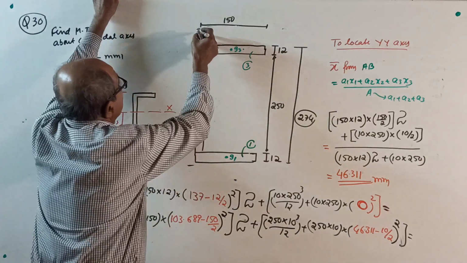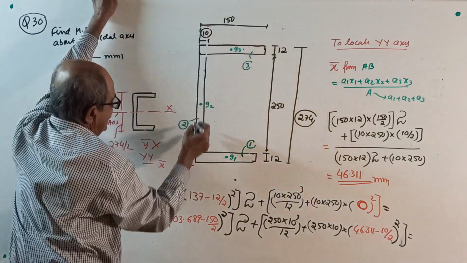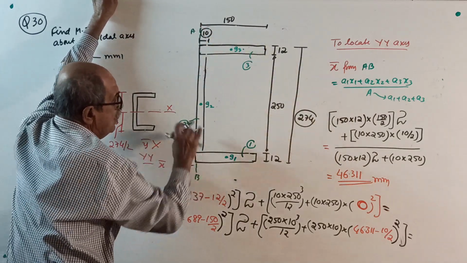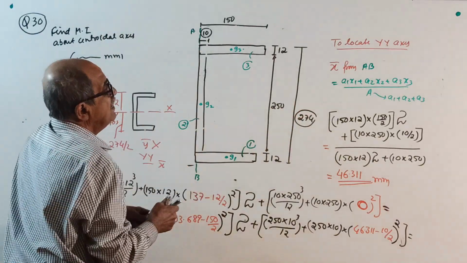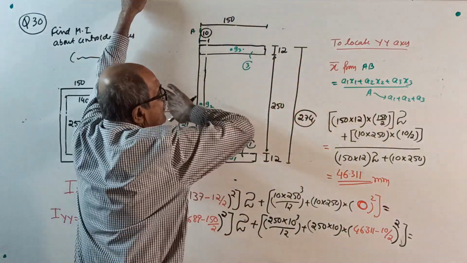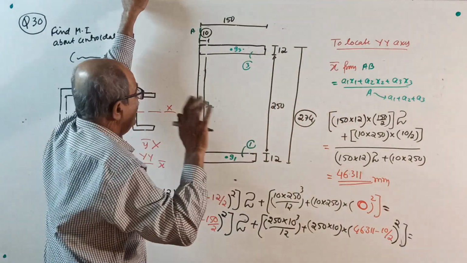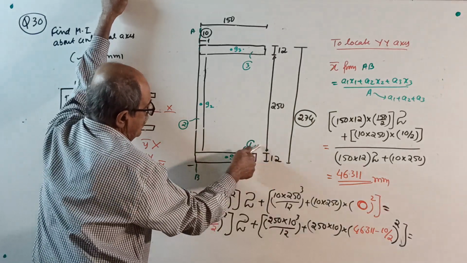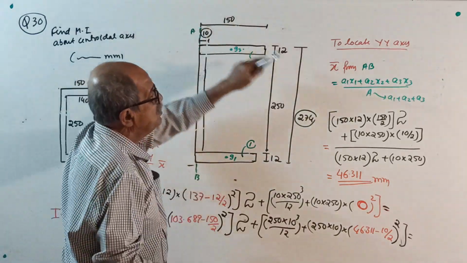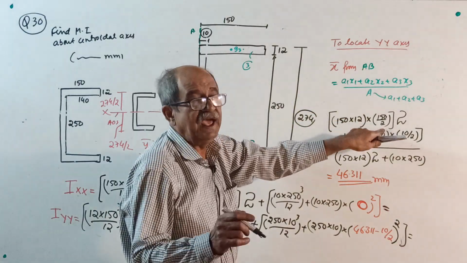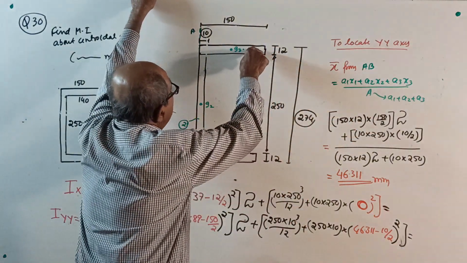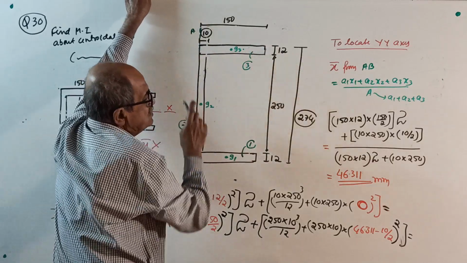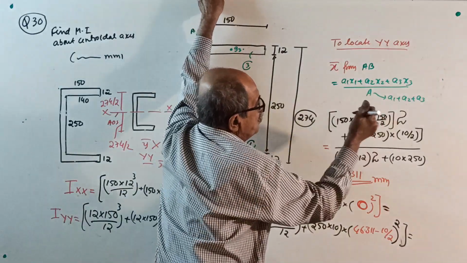You take the reference through this extreme edge here, which I would call the axis AB. Origin is not required, because only one distance is required, from AB. To locate the y-axis, the x bar formula is already there. A1 x1 is 150 into 12 into 150 by 2. For part 3, once again 150 by 12 with the same distance, so multiply by 2.